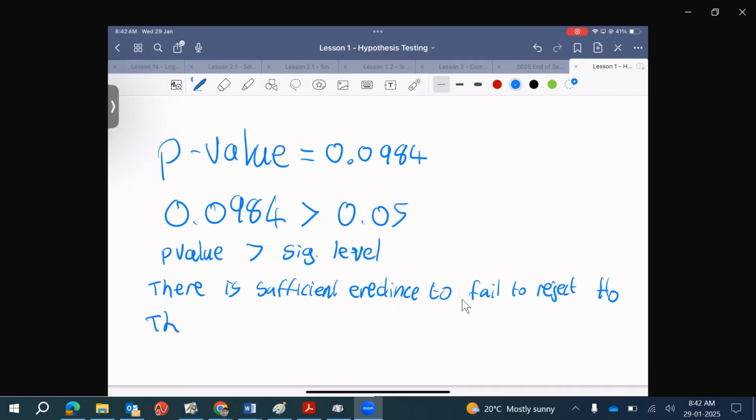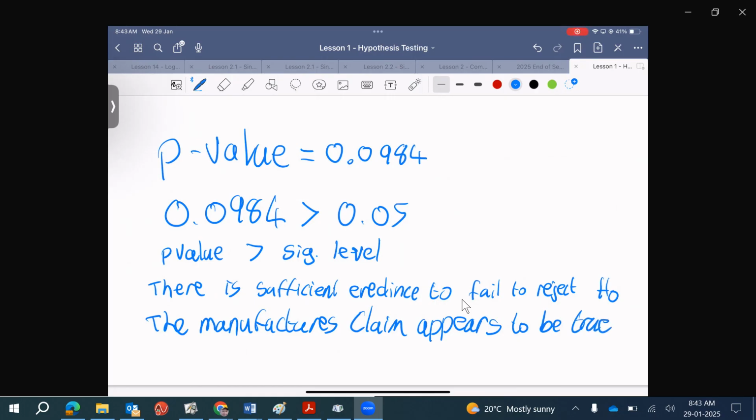The manufacturer's claim appears, always the vague language of stats, to be true. The probability of a 6 is equal to twice the probability of 1 to 5.